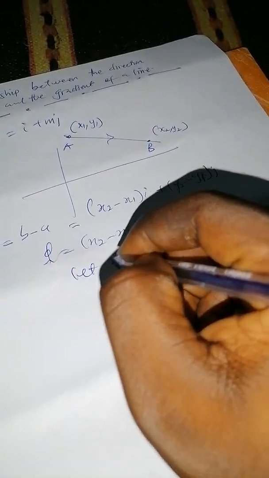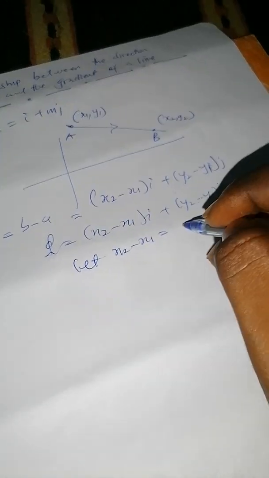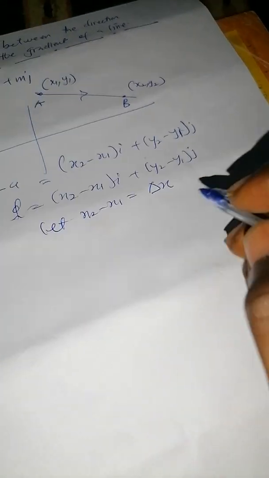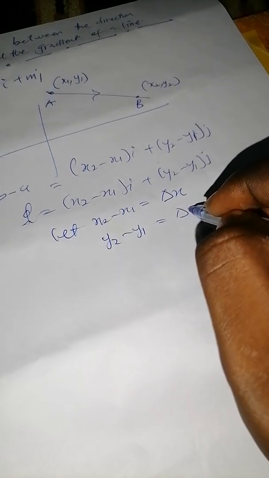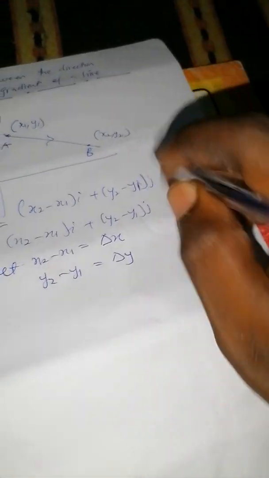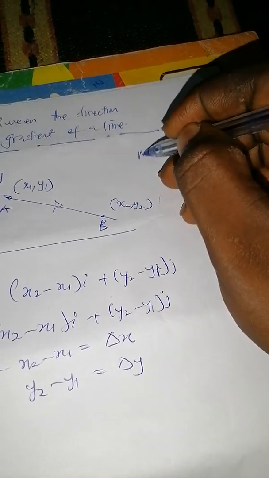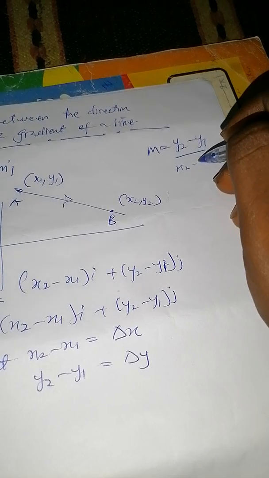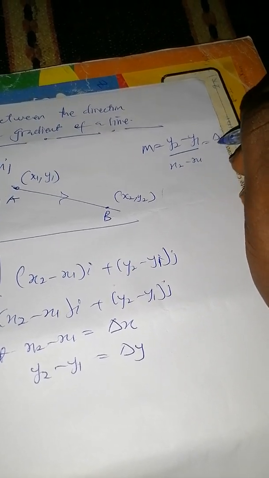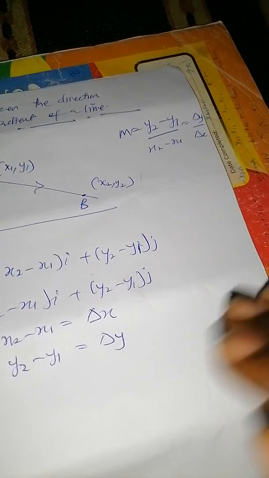Okay, all right. Now to make my work simple, let me call x2 minus x1 change in x, and let me call y2 minus y1 change in y. Now if you recall in SHS, your gradient is given as (y2 minus y1) over (x2 minus x1). That's the same as change in y over change in x.